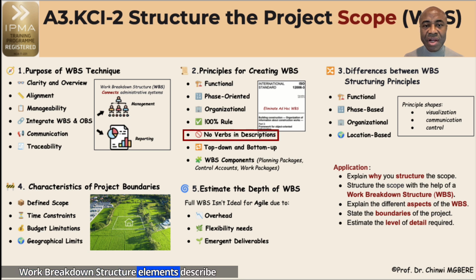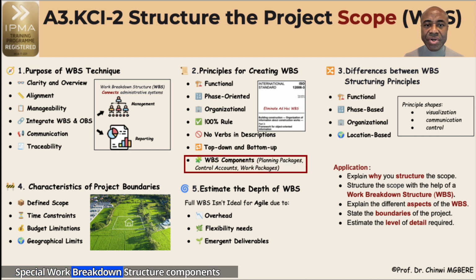Work breakdown structure elements describe deliverables, so they should be written as nouns and adjectives, not verbs. For example, test plan document versus create test plan. Initial breakdown is done top-down with key stakeholders, reviewed bottom-up by delivery teams to validate understanding.